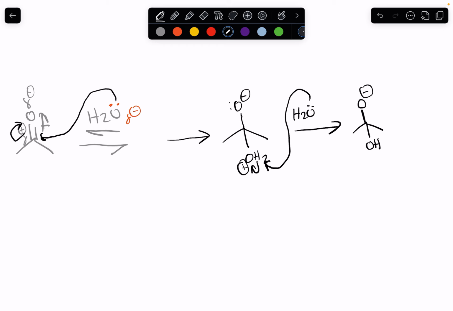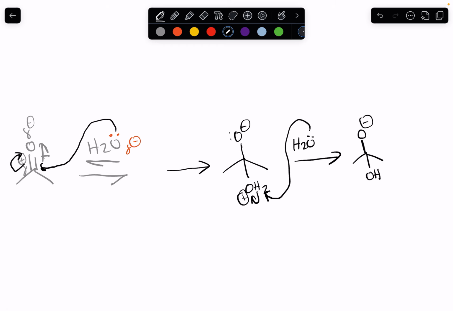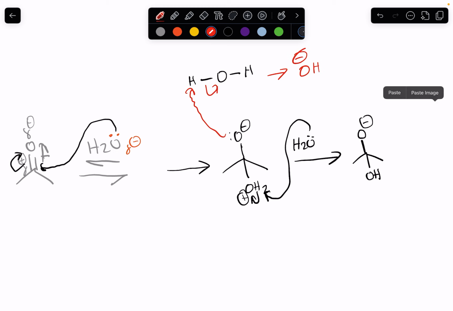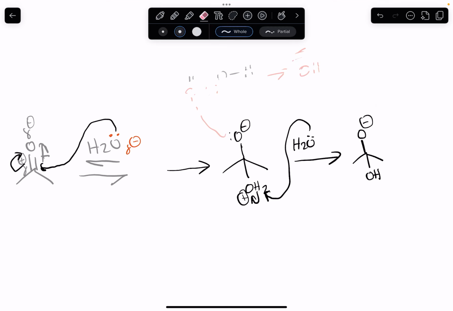When it's acidic conditions, you can't have an O minus group. So let's say that instead we did this, and then this came back here. This would make this group, and this group does not exist in acidic conditions. So we can't do that.